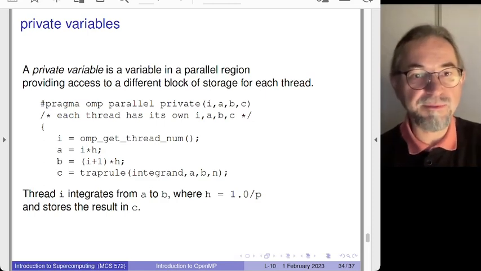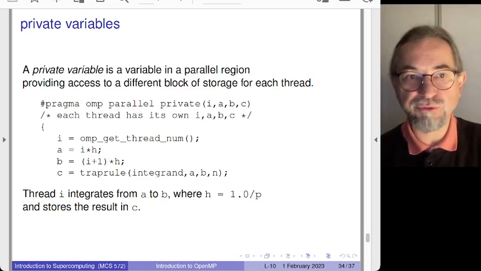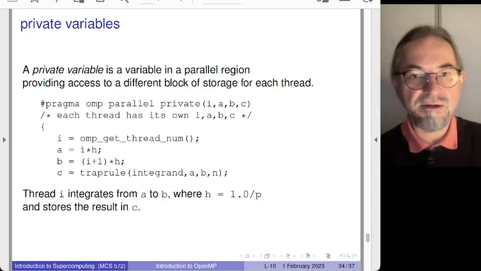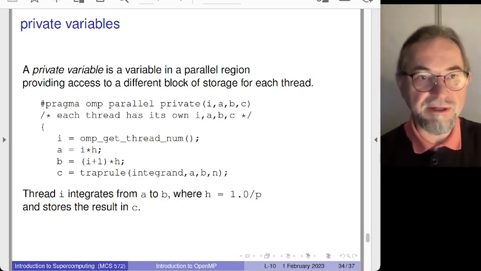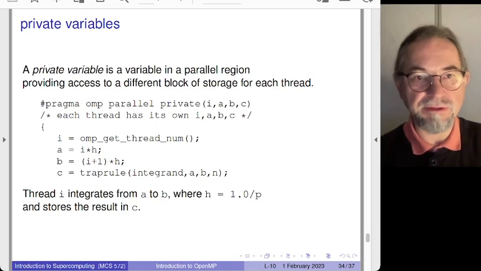Let me dwell a little bit more on this. I posted the slides, and if you scroll through the slides, you can see the explanation. Here the clause private extends to the parallel region. That gives different storage for every thread.